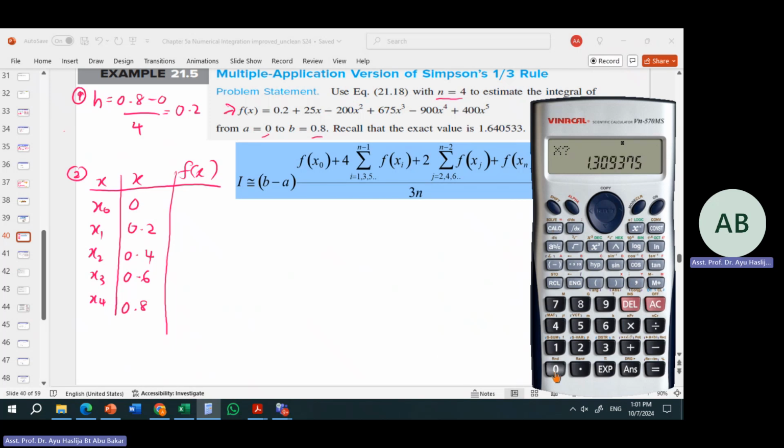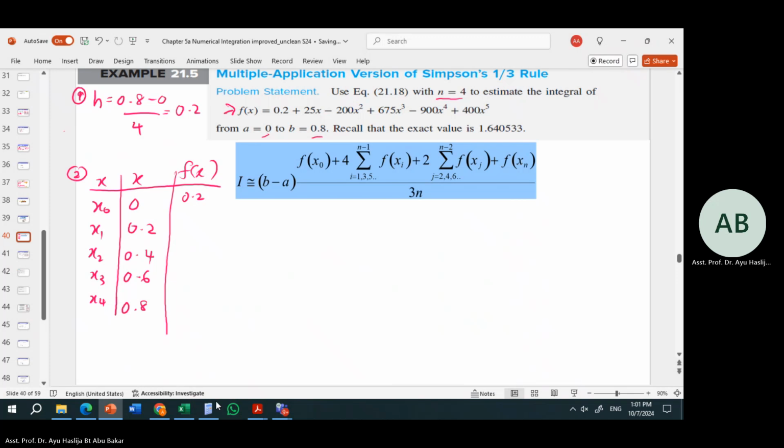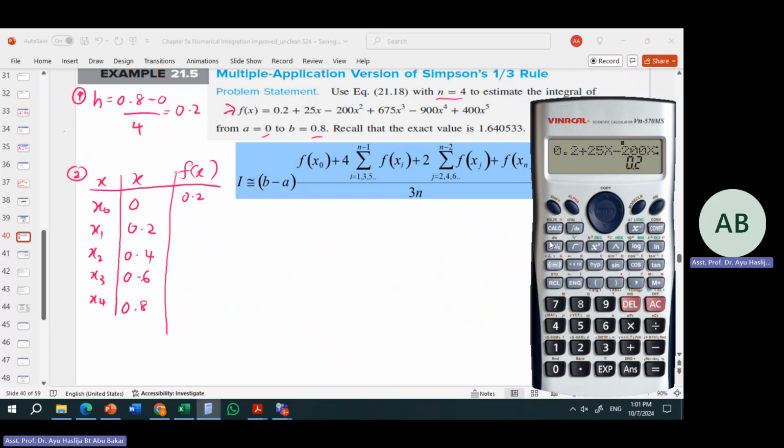Input your x value. First, 0, equal. Okay, so you get 0.2. Next one, calculate. Don't press AC. If you press AC, the function, the equation, will be deleted, okay? So, x is 0.2, equal. You get your value.